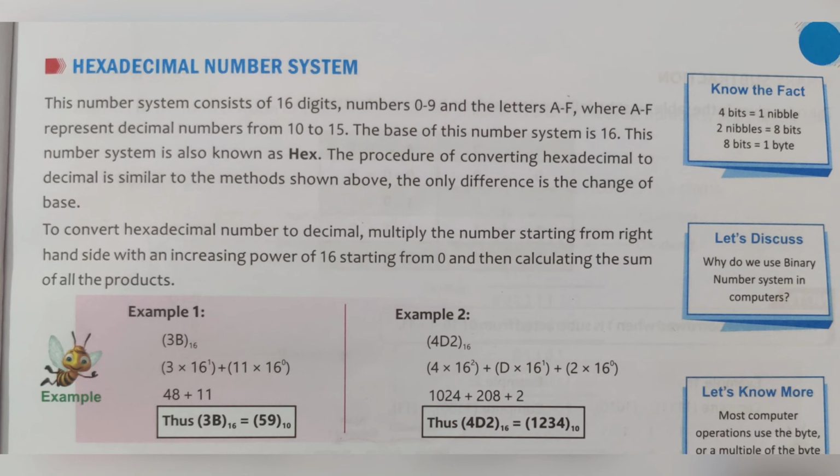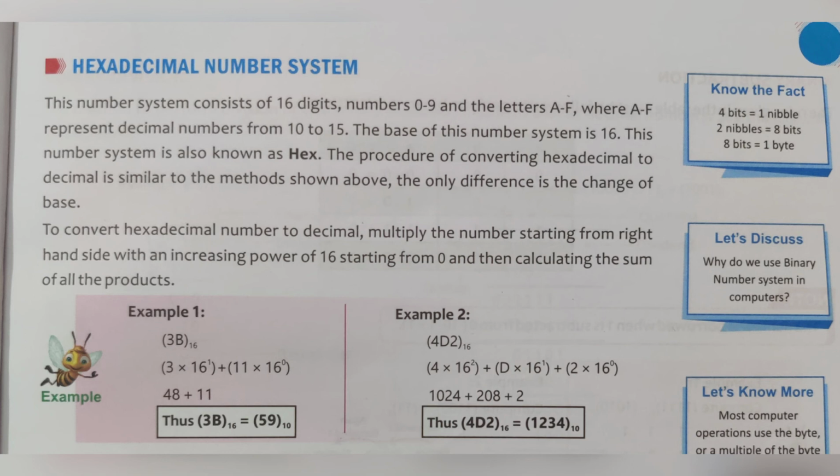Take 3B: 3 into 16 raised to the power 1, and B is the 11th place in the decimal number system, so 11 into 16 raised to the power 0. 16 raised to the power 1 means 16, and 16 into 3 is equal to 48.